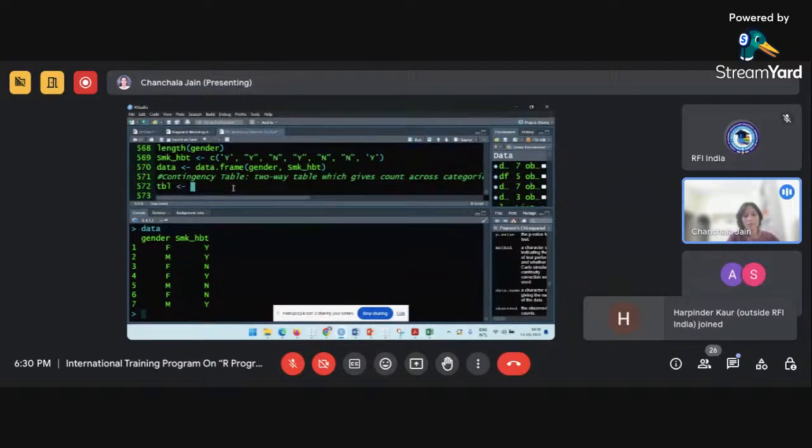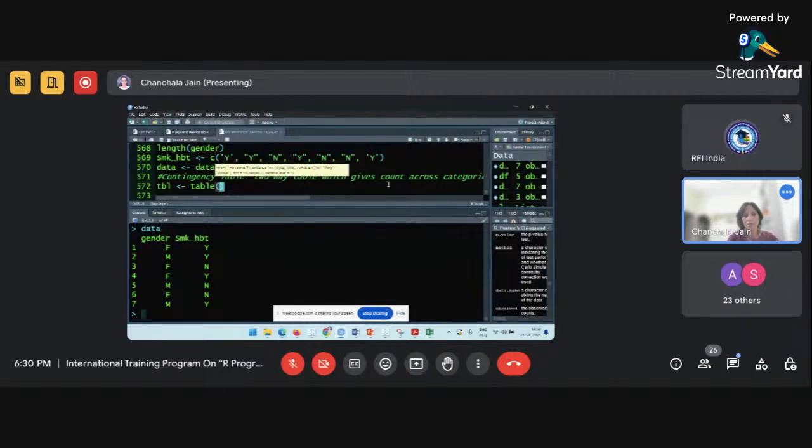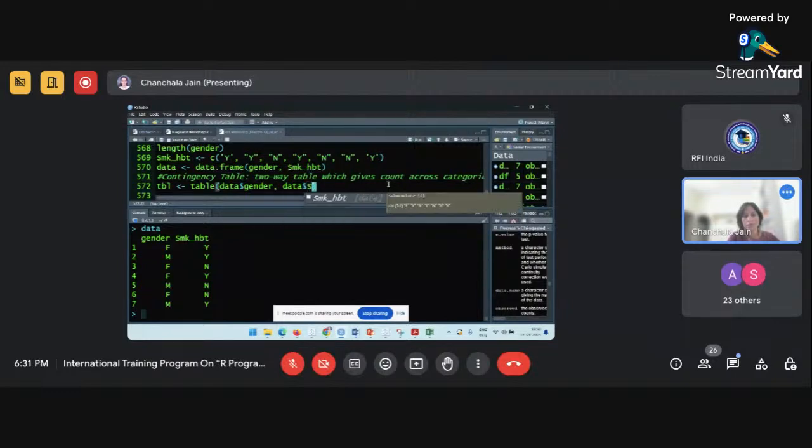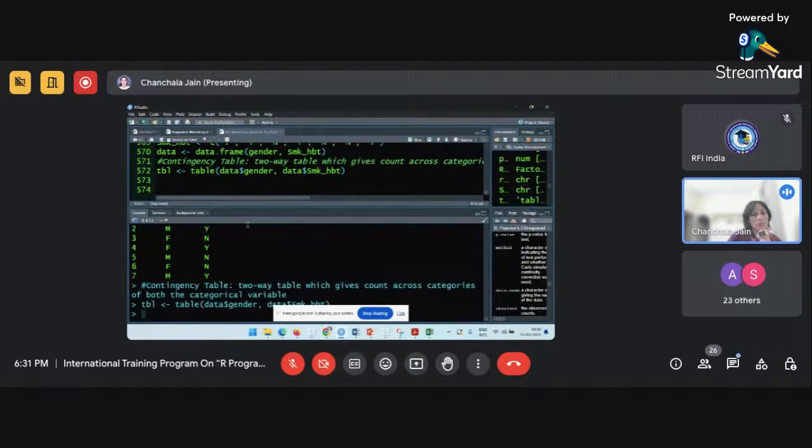For making a table, you need to only use the function called table, and inside that you need to put the name of both the vectors or both the fields, like this, right? Done. It is created.